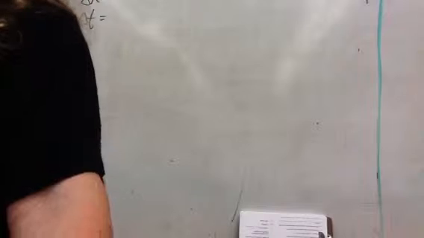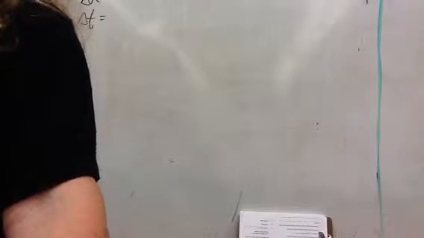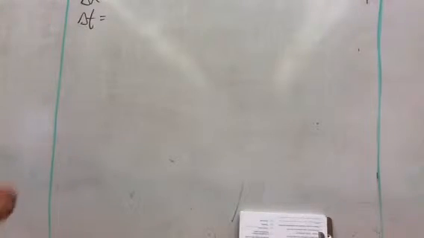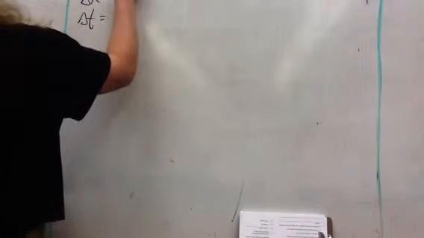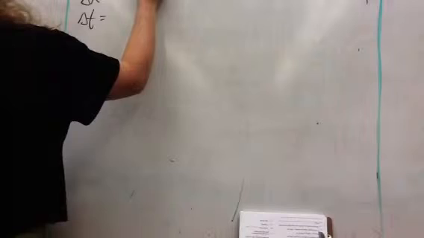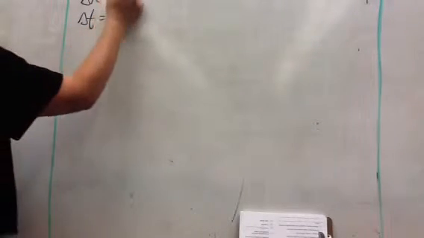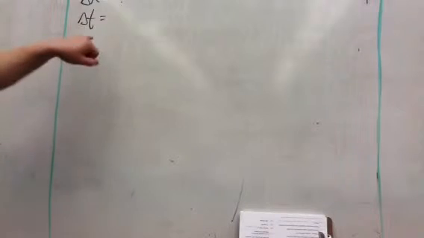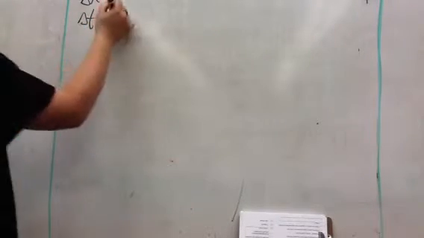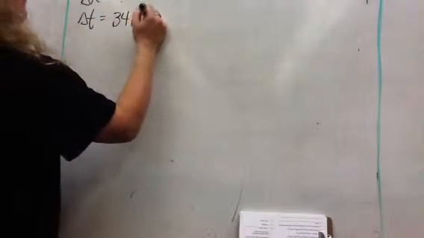If it takes them 34 minutes to walk to the store, how far have they walked? Okay, we're given our average velocity, 0.98 meters per second. We're asked for delta x. We're asked for their displacement. The time is given as 34 minutes.